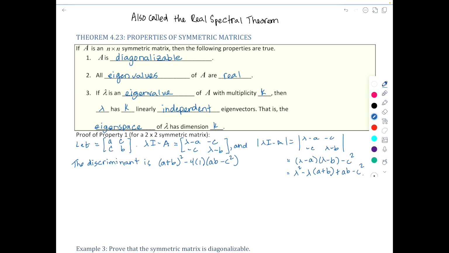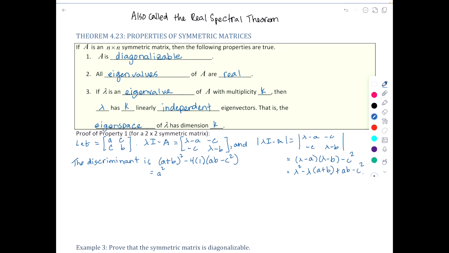And that, in turn, will be equal to A squared plus 2AB plus B squared minus 4AB plus 4C squared.